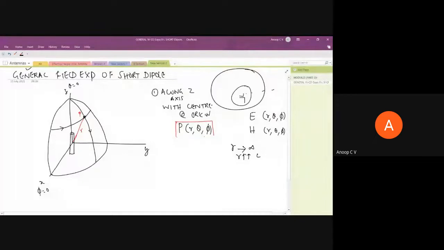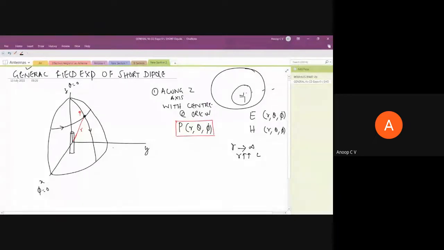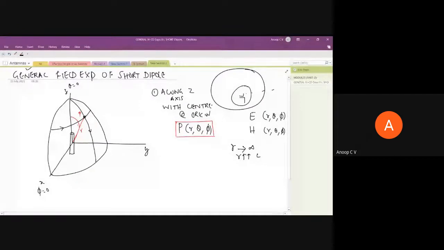Now I'm just making you recollect what r, theta, and phi are. This is r, and theta is the angle of the radial vector measured from the positive z-axis.